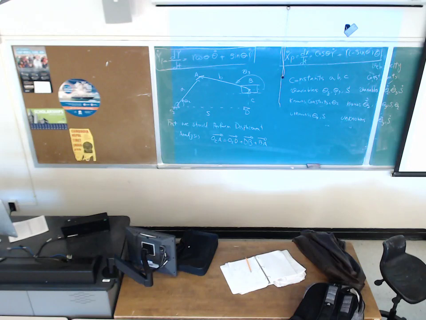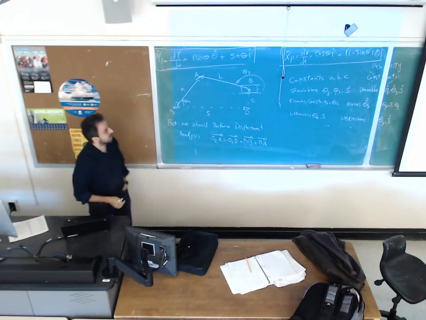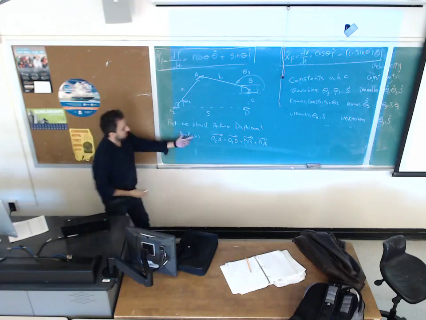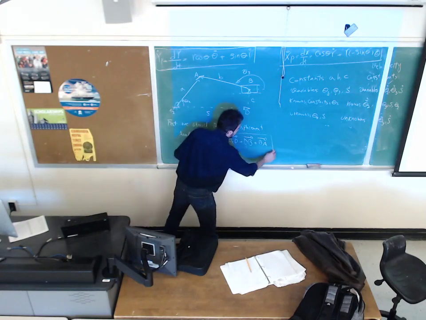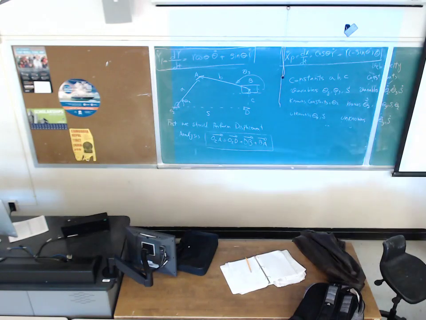Now we are ready to derive the velocity equation. We start with the vector loop equation. I'm writing the x component and y component of the vector loop.